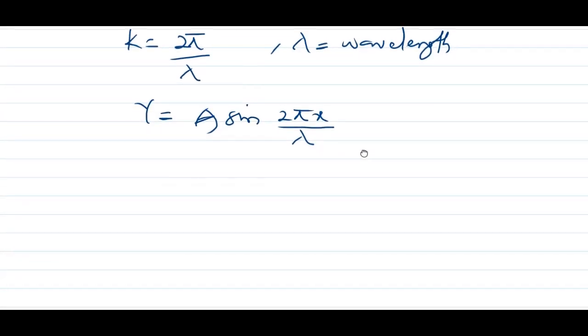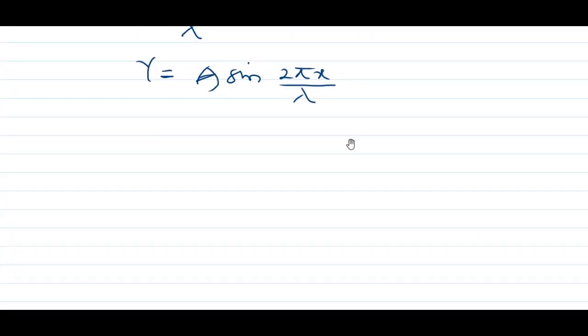Now, let's proceed further from here. One thing you must understand is that a wave can travel in either the positive x direction or negative x direction. The implication is that the equation for each circumstance varies.